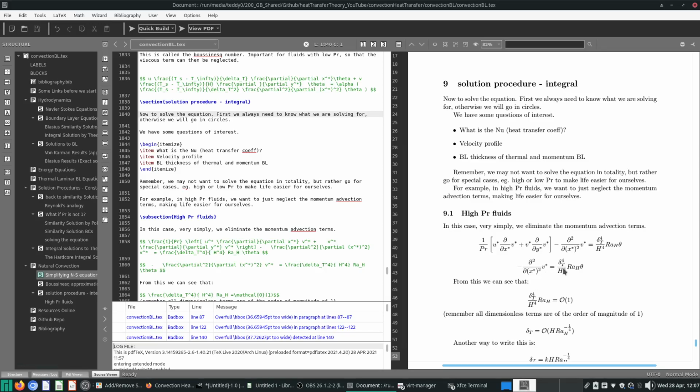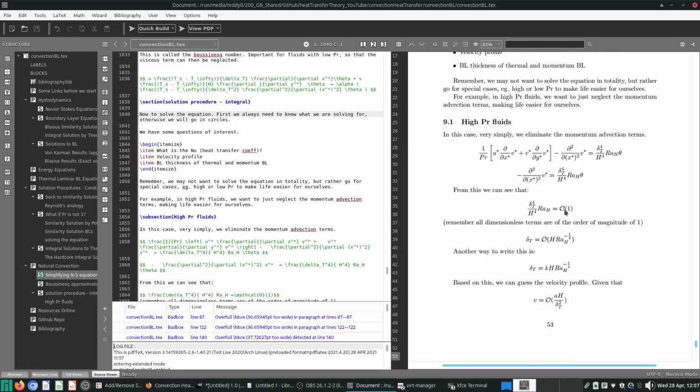From this we can see that this term here, delta T over H to the power of 4 times the Rayleigh number, is also on the order of magnitude of 1. If you do some simple rearrangement, I bring the H to the 4th to the other side and take the whole power to 1 over 4. Then delta T will be on the order of magnitude of H times the Rayleigh number to the power of minus 1 over 4.